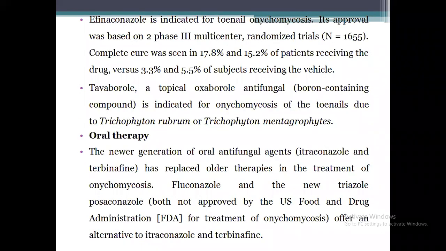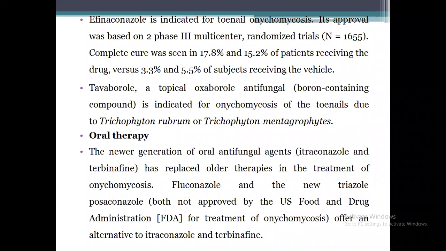Efinaconazole is an agent indicated for toenail onychomycosis based on two phase 3 multicenter randomized trials in 1,655 cases.